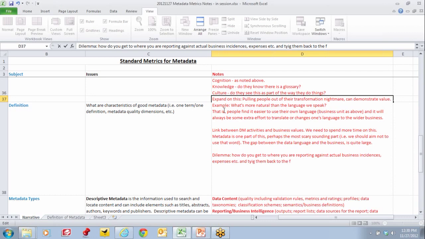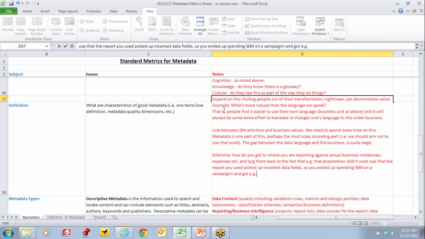I think this is an area that we need to spend a lot more time on, which is the link between the data management activities and business value in a real sense, right? And we have not done that very well. And we're doing it even worse with something as scary as metadata.